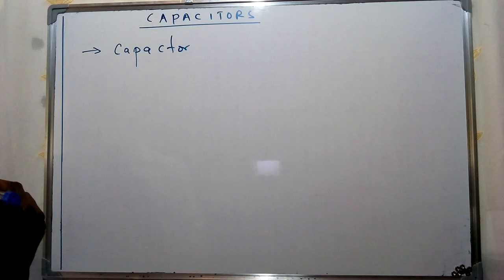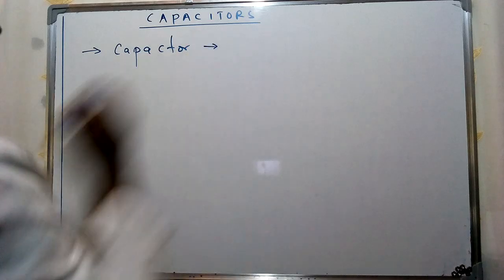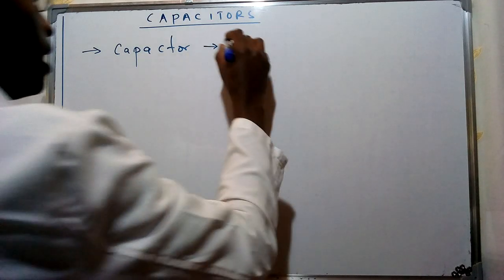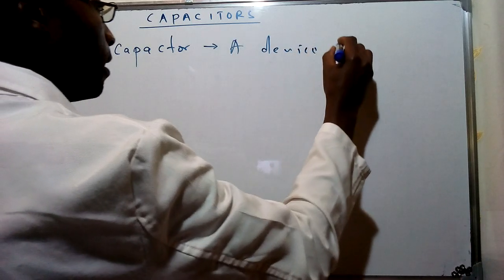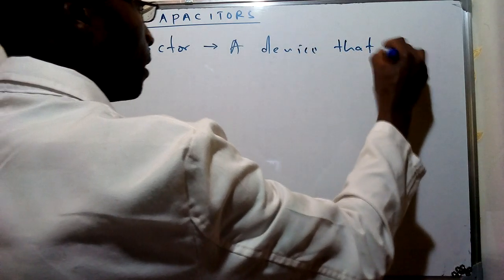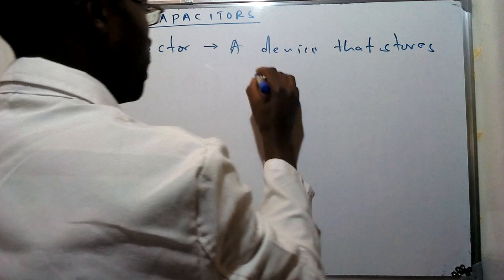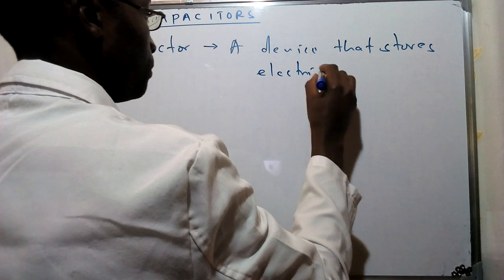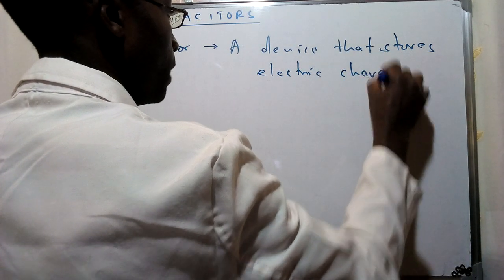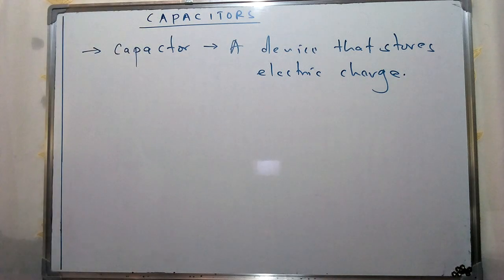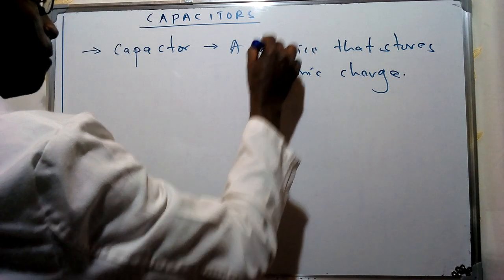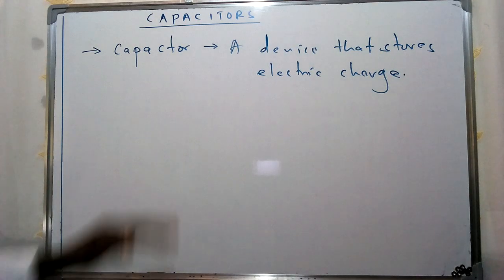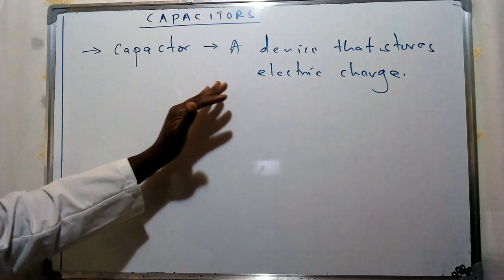Therefore, using a summary definition, we can refer to a capacitor as a device that stores electric charge. Hope my handwriting is legible. I've just written this one in a summary form because of space. And therefore, as I've said, a capacitor is a device that stores electric charge.